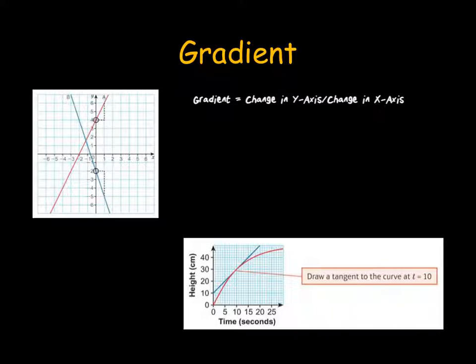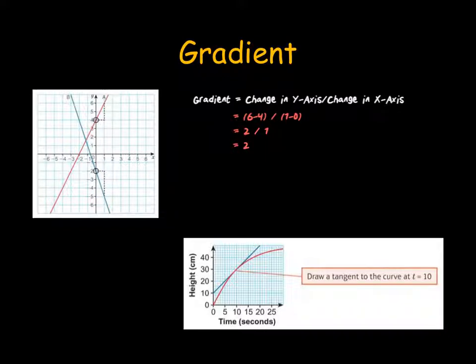For our example here, first of all, our red line, the change in the y-axis is 6 from 4, so we have a change of 2, and our change in the x-axis is 1 from 0, so 1. This would give us a gradient of 2 divided by 1, so our gradient of this line is 2. For our blue line, we will have a negative gradient as we are going down to the right.